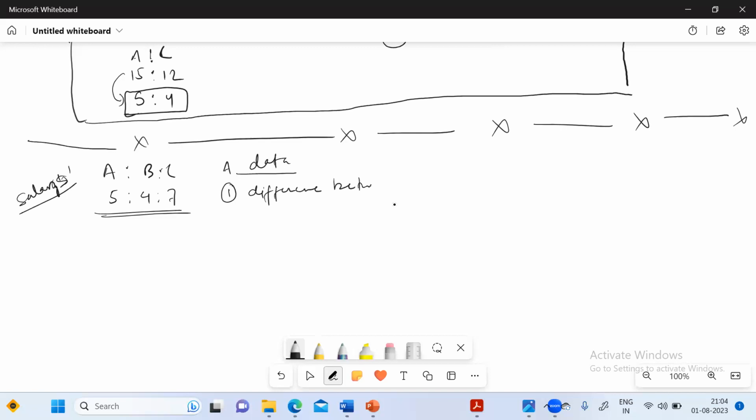The difference between salary of C and A is 24,000 rupees.